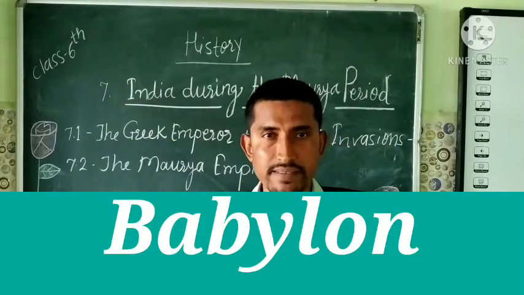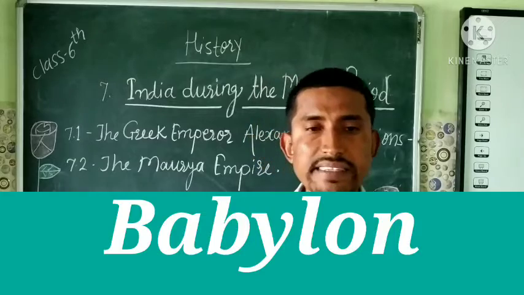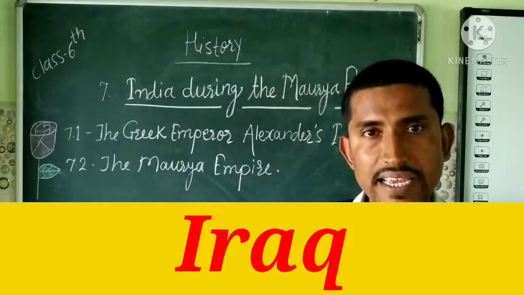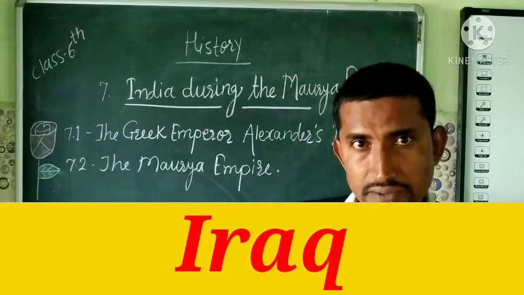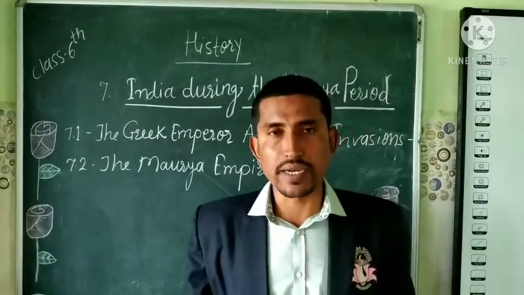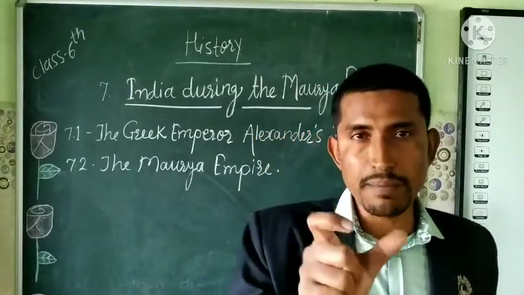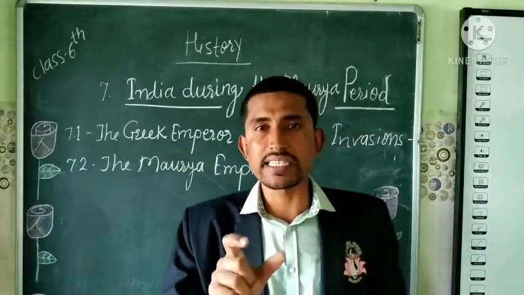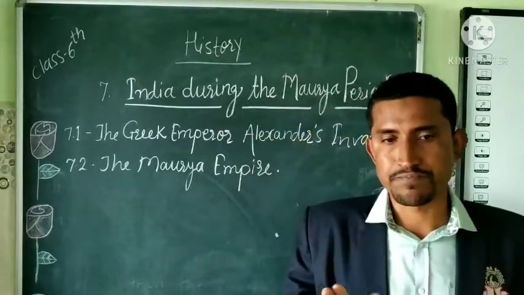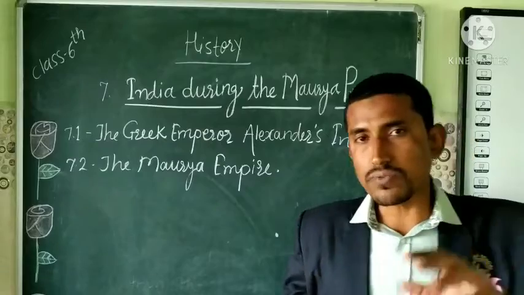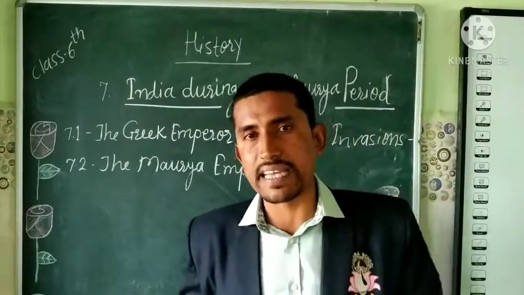It is the name of a place. Today Babylon is in Iraq. Iraq is the name of the country where Babylon is situated. So on the return he died there, in 323 BCE. So this we learn about Alexander.